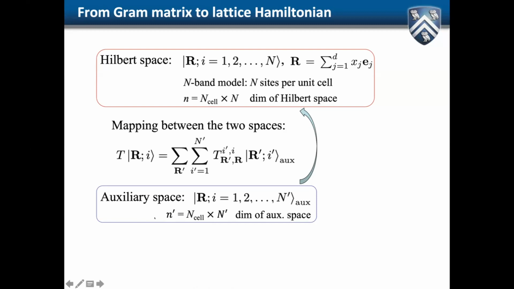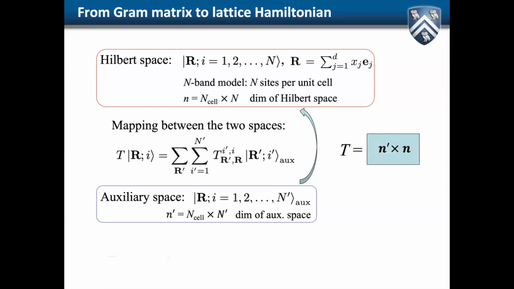Then we can make a mapping between the auxiliary space and the Hilbert space by constructing this T matrix. When you apply T to a Hilbert space site, by construction it equals the right-hand side, which is a combination of the auxiliary space states with some arbitrary coefficients.